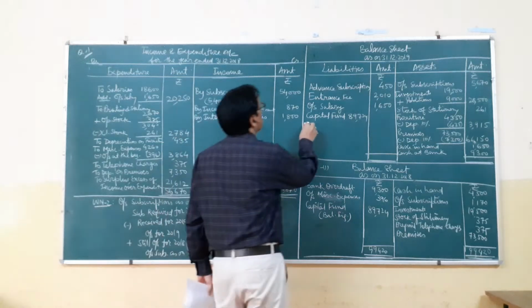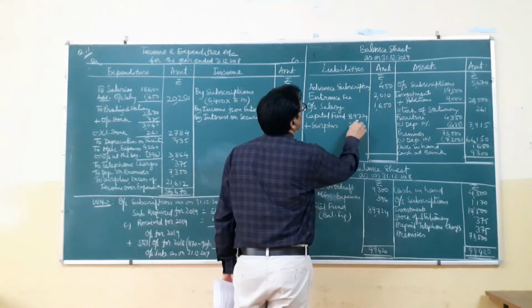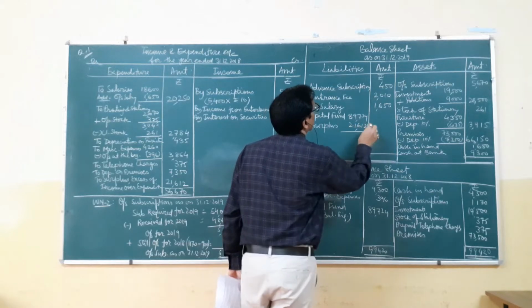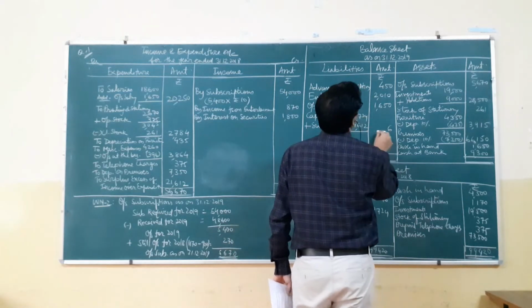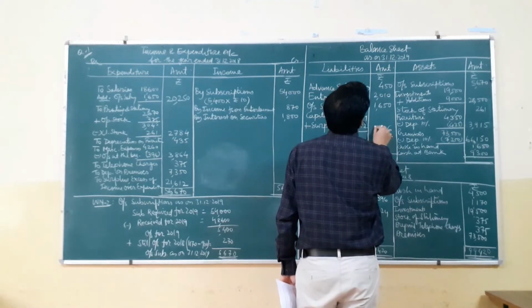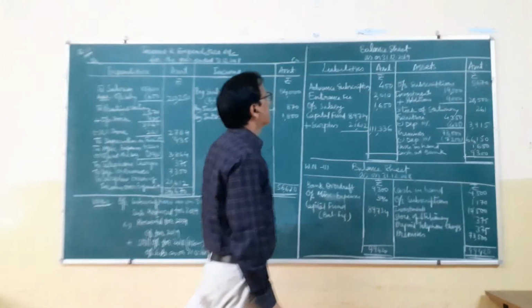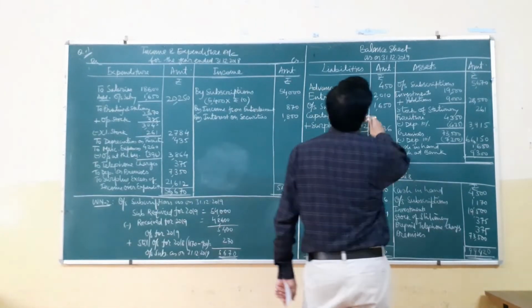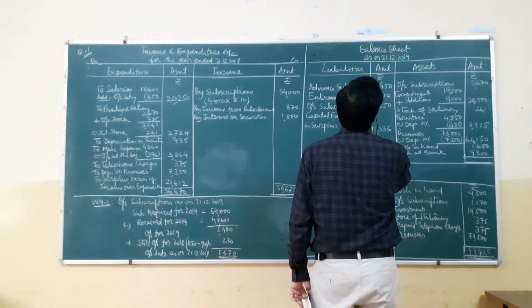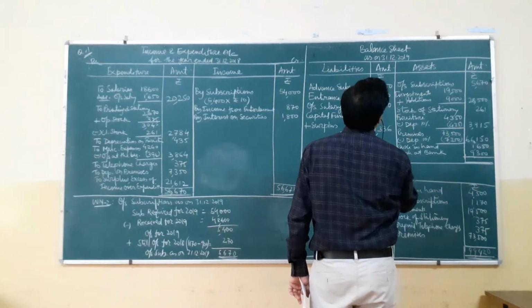This we add here, surplus. One lakh 11,336. Take the total.